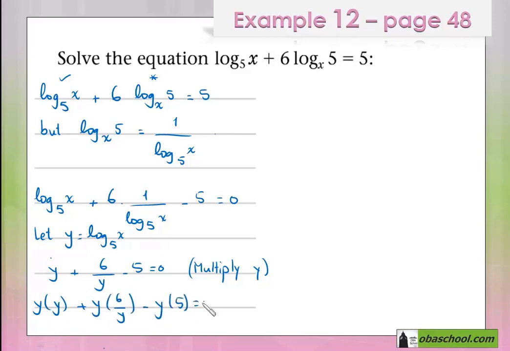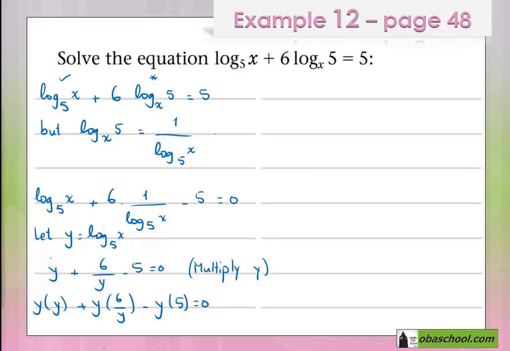And of course, here we have introduced y in order to get rid of y in the denominator. So it's going to be y squared plus 6 minus 5y equal to 0. Let us change the order of this, of course, since that would be y squared minus 5y plus 6 equal to 0. This is definitely a quadratic equation.